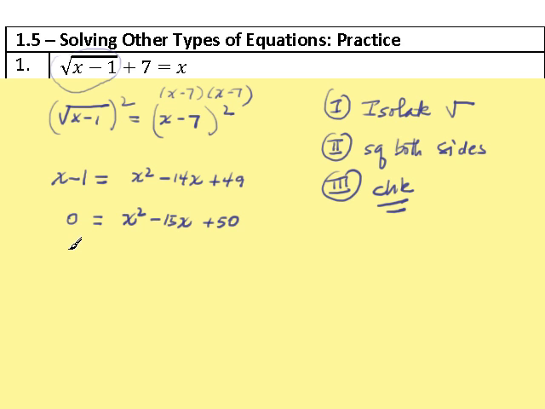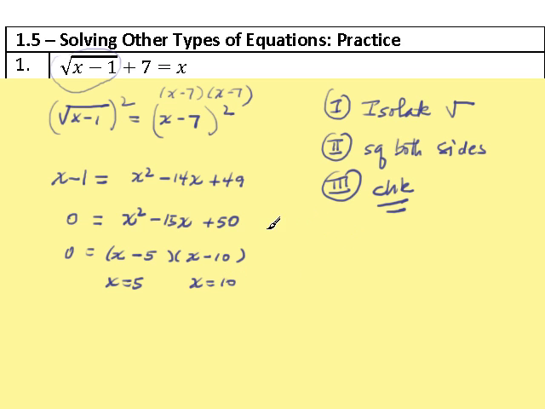So this is standard form, so we're ready to factor. And this factors into x minus 5, x minus 10. Check that middle term, we do get minus 15x. All right, setting these equal to 0, we get the two solutions, x equals 5 and x equals 10.